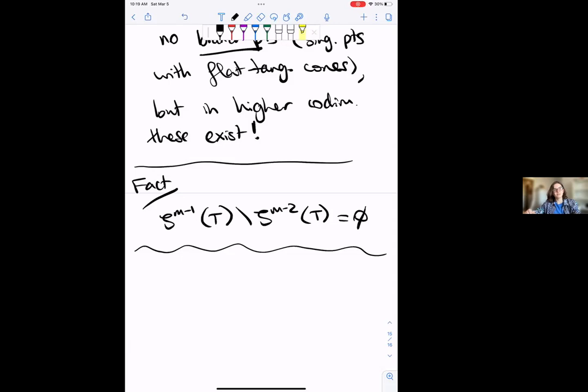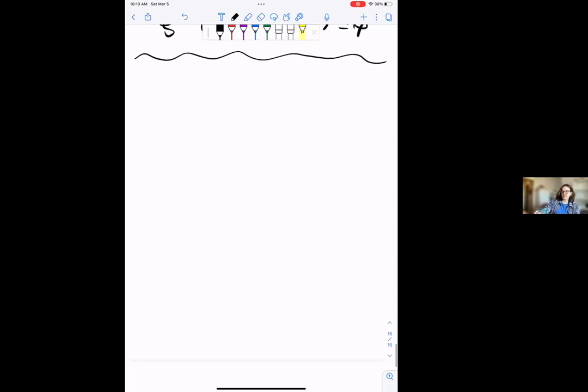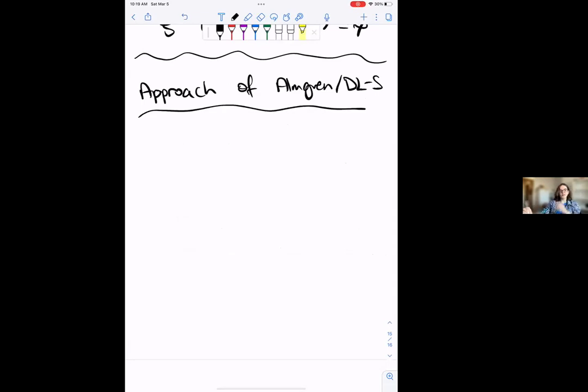So how do we deal with these flat singular points? The approach of Almgren and De Lellis, Spadaro. The first step is quite natural in general. This problem of area minimizers is one where we're minimizing a non-linear energy.